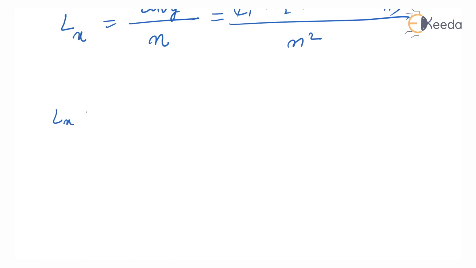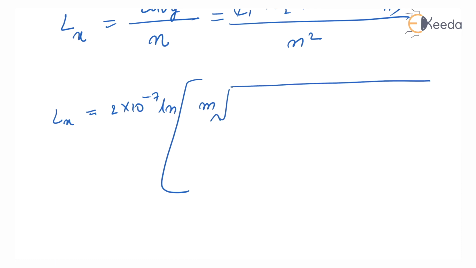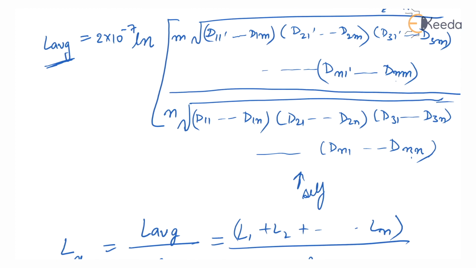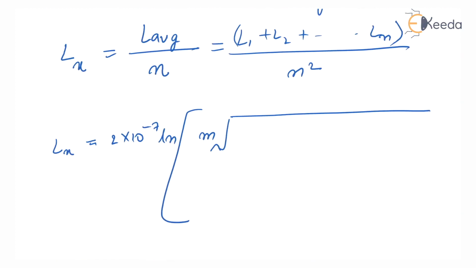So Lx is equals to 2 into 10 to the power minus 7 log under root this m, this whole term, but this 1 by n I can write here as m into n.